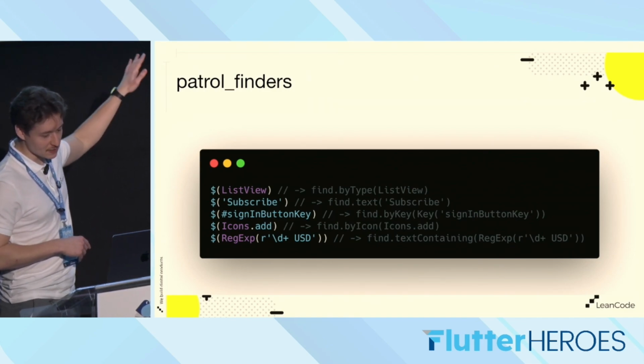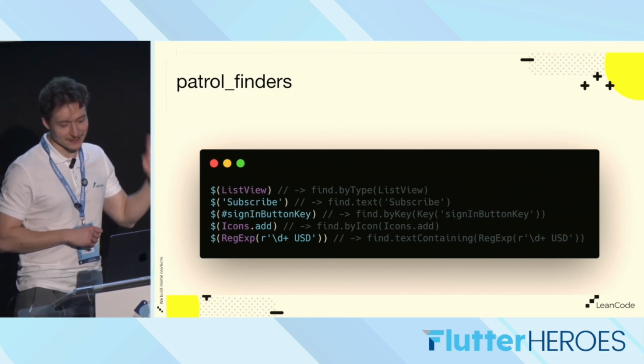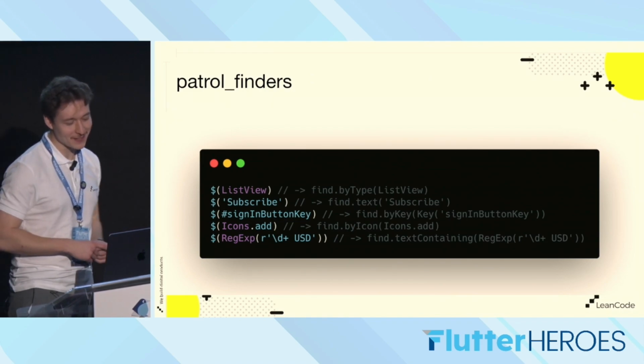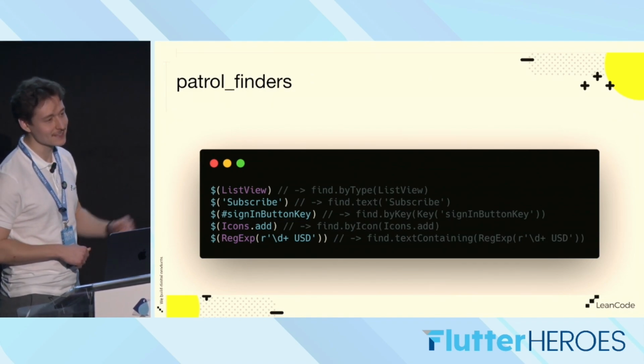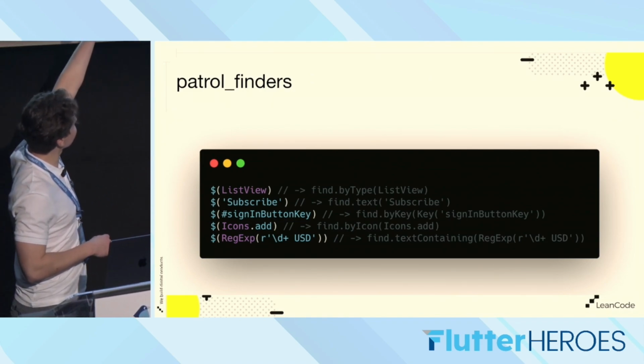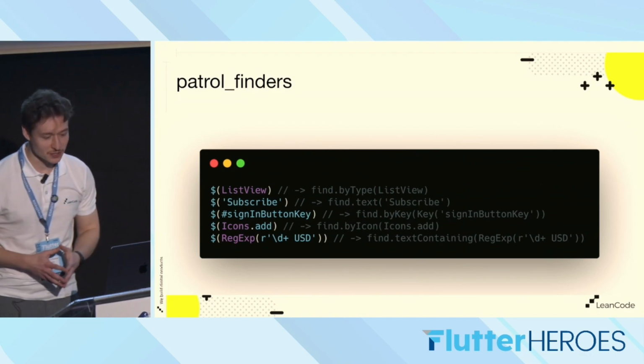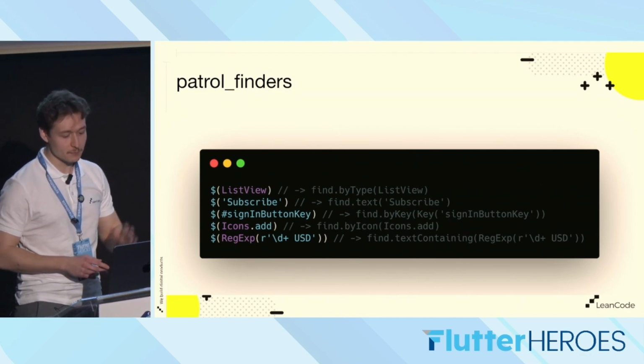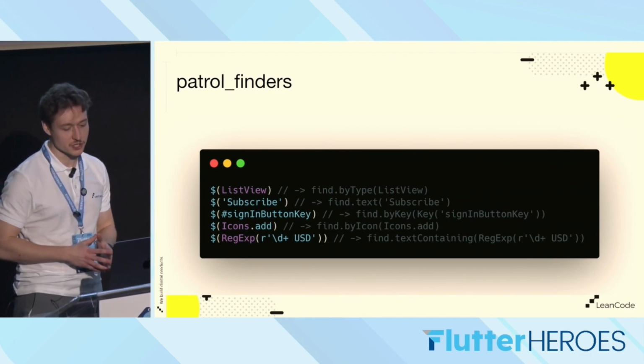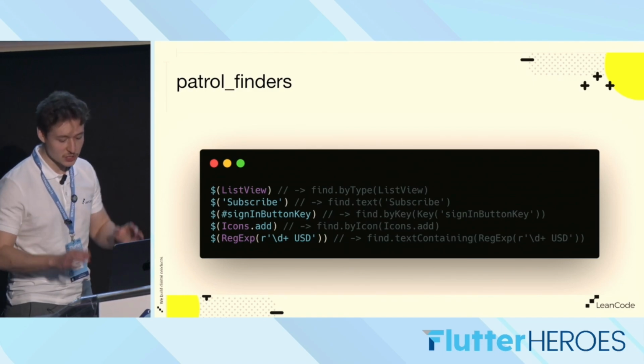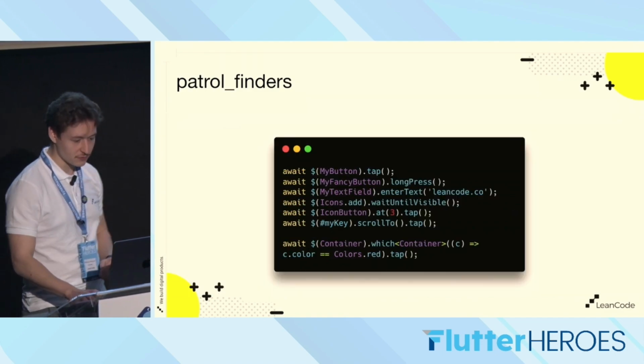You can use this symbol syntax because we thought it would look like HTML keys, and then we will find by key. But you can still provide a key object inside, and it also finds by key. You can pass an icon data and a regular expression to find a text containing. So we just translate to Flutter Finders.